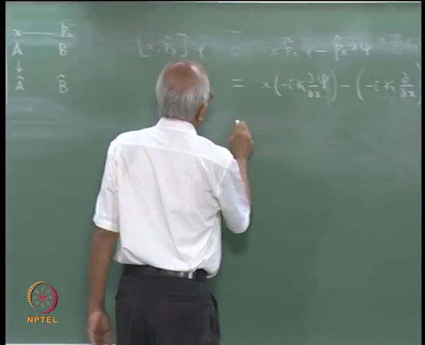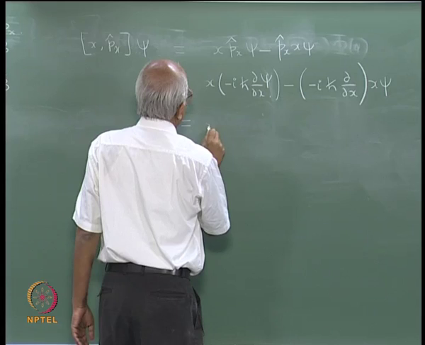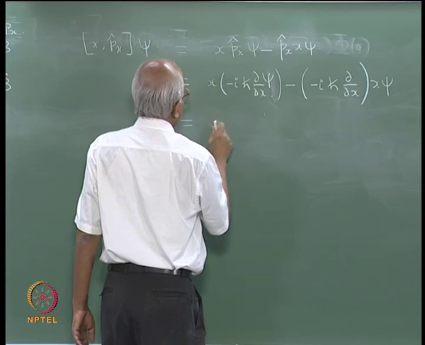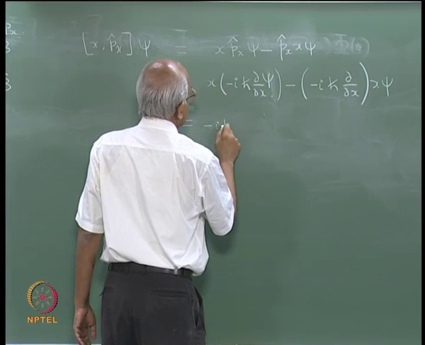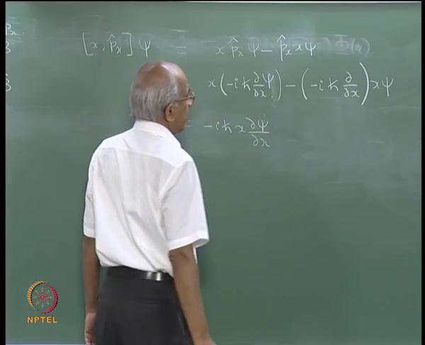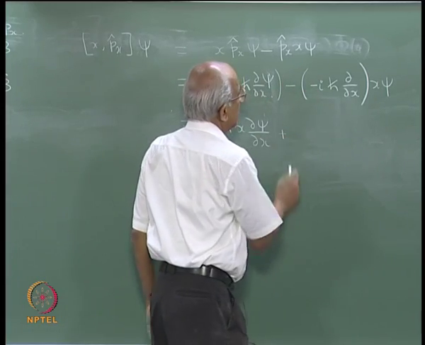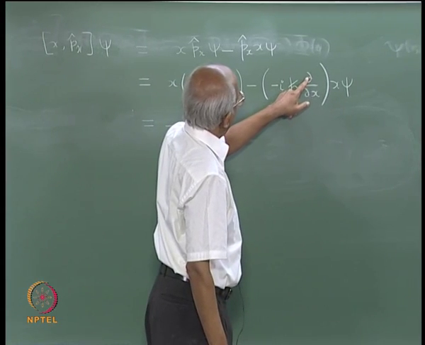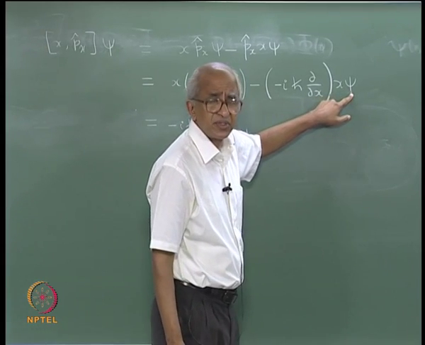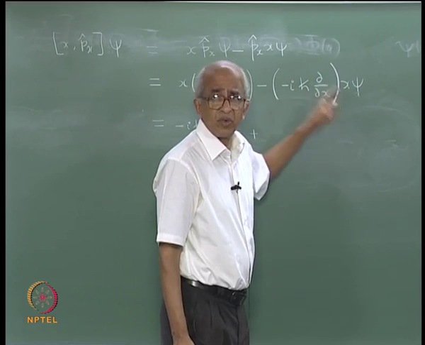And let me try to calculate this. Okay. The first term is actually x into, well, maybe I will expand this, I will remove the bracket. So, minus I h cross x into dou psi by dou x is the first term, and what happens to the second term? Well, obviously this minus and that minus will make it a plus, and I h cross dou by dou x operates upon a product of two terms, and so you are taking the derivative of a product of two terms.